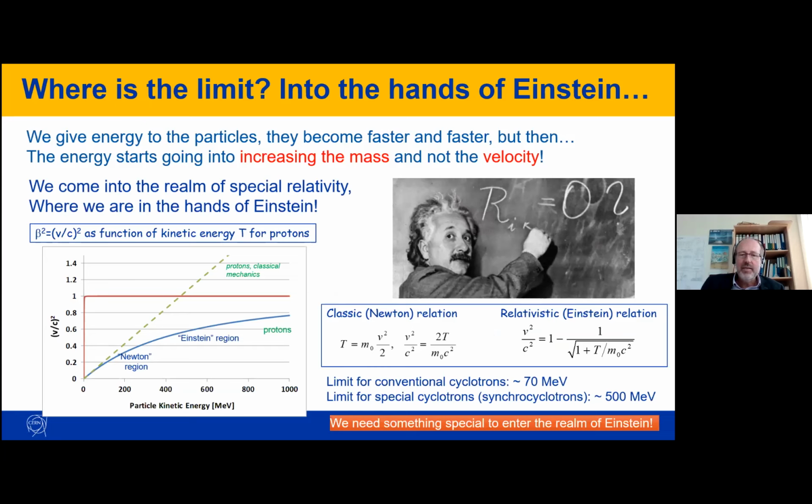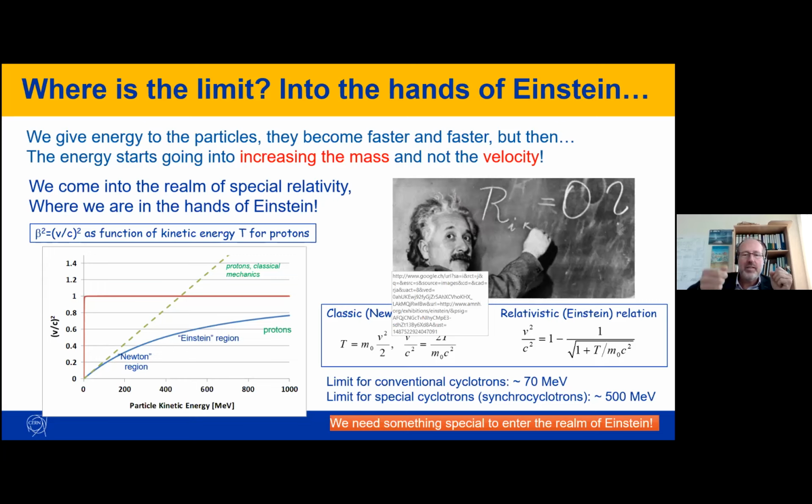The fact is that if you give energy to a particle, first of all, in the domain of classical mechanics, the energy goes to increasing the velocity of the particle.